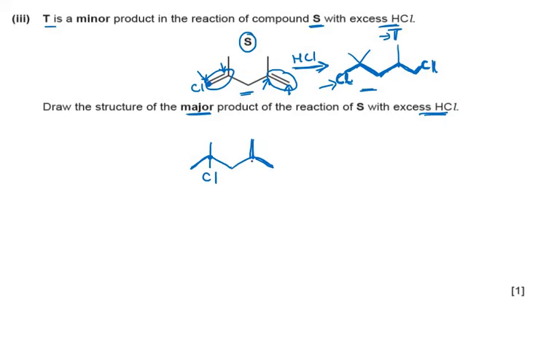On this side also chlorine should be added if chlorine added to the end carbon is minor. So this should be the major product. What is happening here is that the double bond is broken down and chlorine is added to the carbon carrying the double bond. This is an alkene reaction, and if you have a look at the mind map of alkene reactions, this is an addition reaction of HCl to the alkene group.